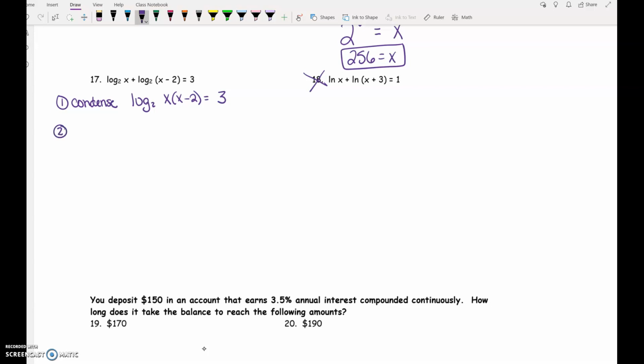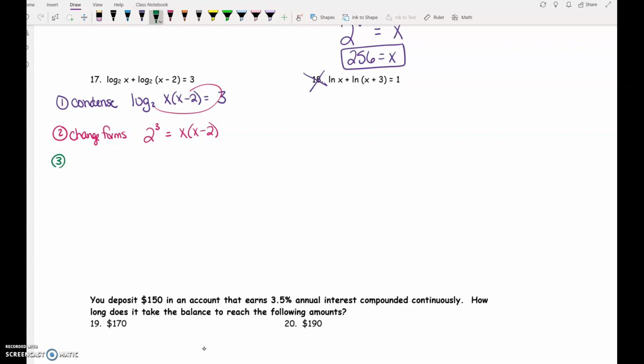Step 2, and I think I'll make this a different color, is to change forms. Woo! 2 to the 3rd equals x times x minus 2.